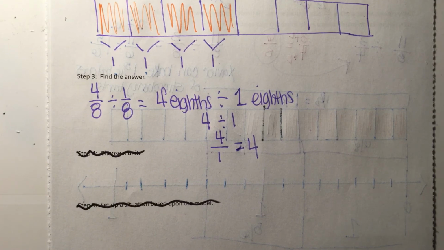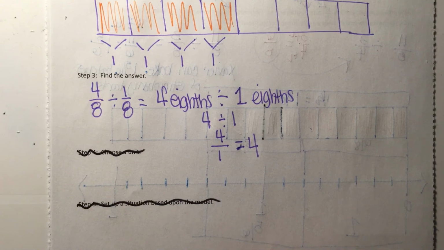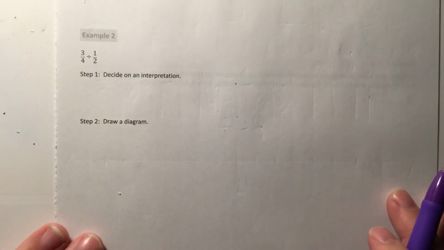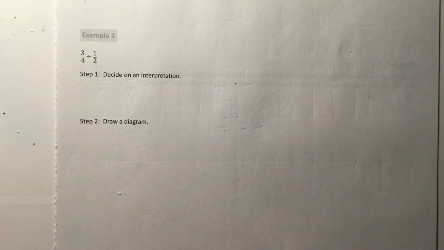So go ahead and pause again and copy. And then we will go to example number 2. So I am going on to page number 53. Okay, we're going back to the middle of the page. We're not creating a story problem, guys.